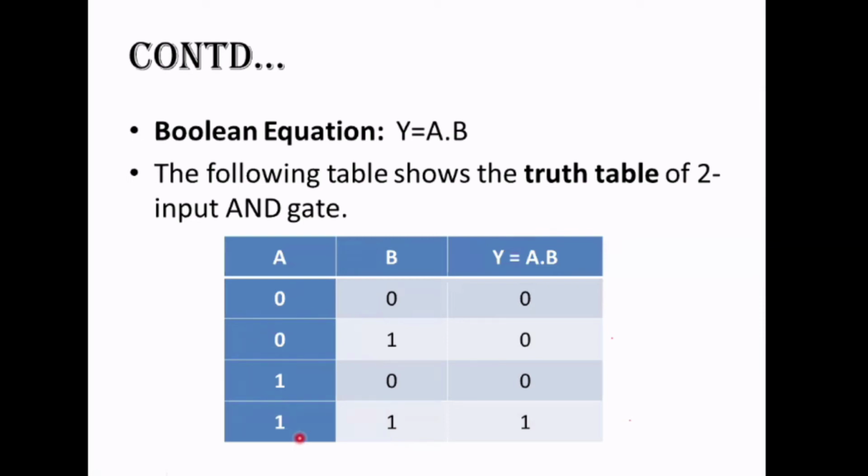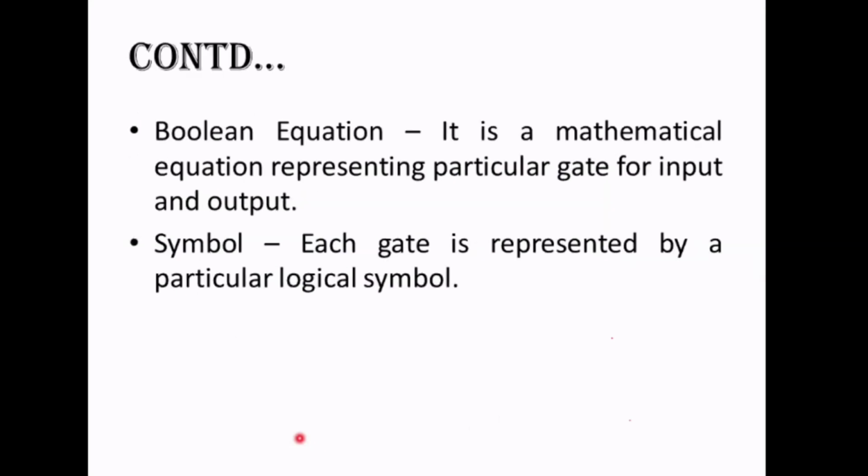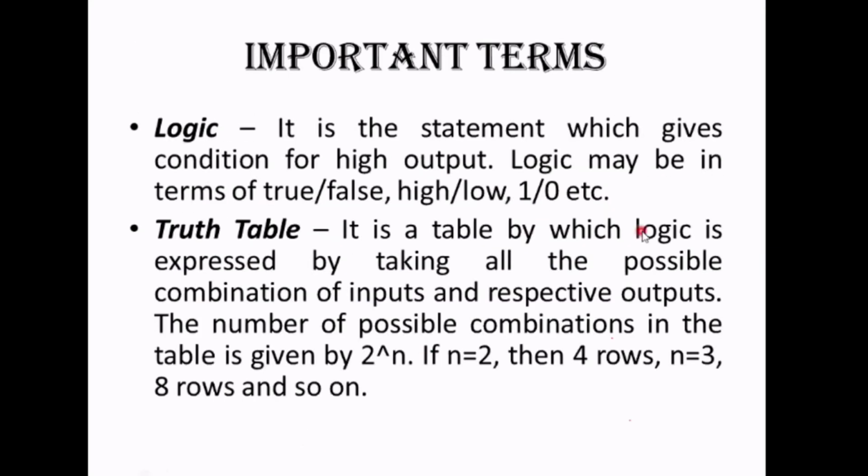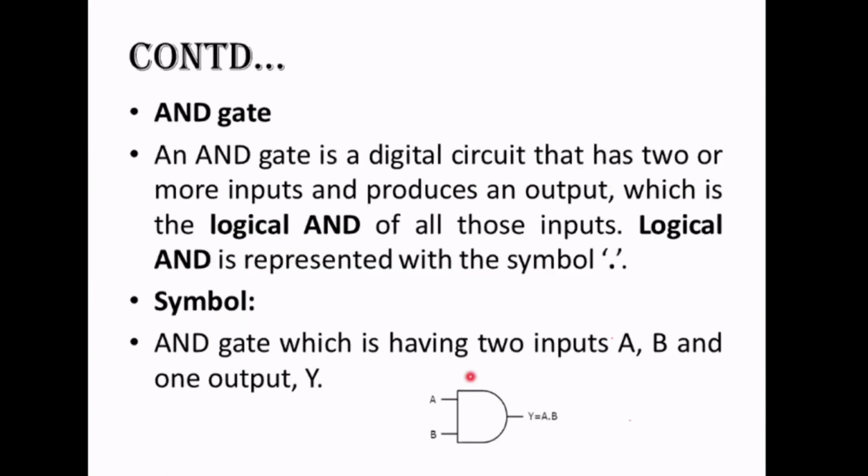Because in the last lecture we saw the equation of the truth table: the number of rows in the truth table is equal to 2 raised to n, where n is the number of inputs. Try to recall that statement. My logical AND gate has 2 inputs, so the value of n is 2, and 2 raised to 2 is 4.